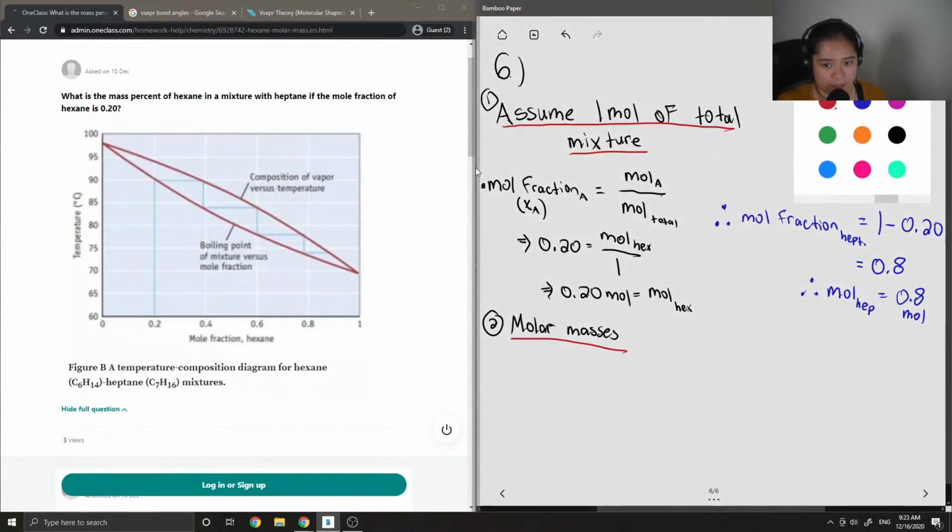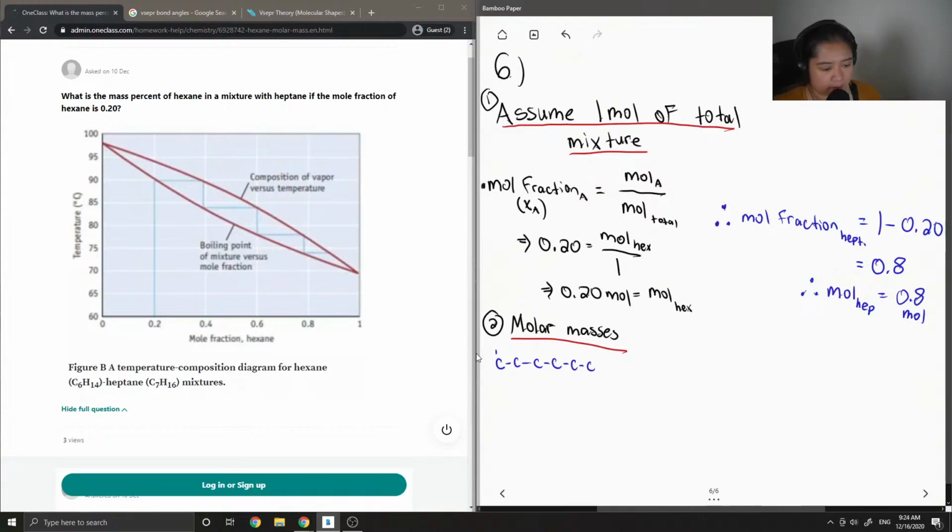Let's just quickly draw them out. For hexane, this is a 6-carbon chain. There are no double bonds or anything, and we're just going to fill in the rest of the bonds with hydrogens.